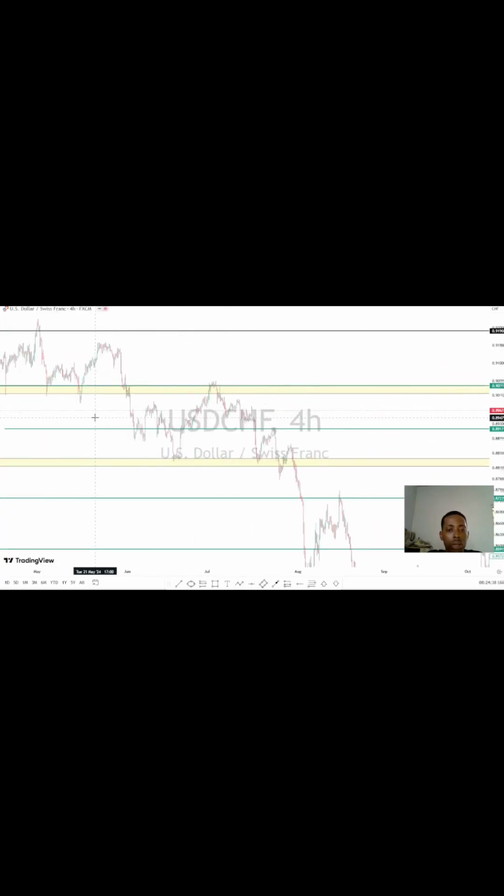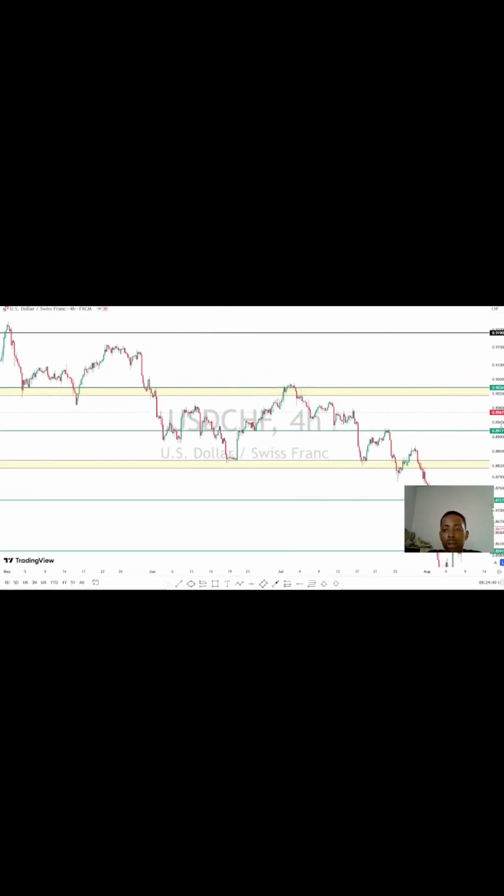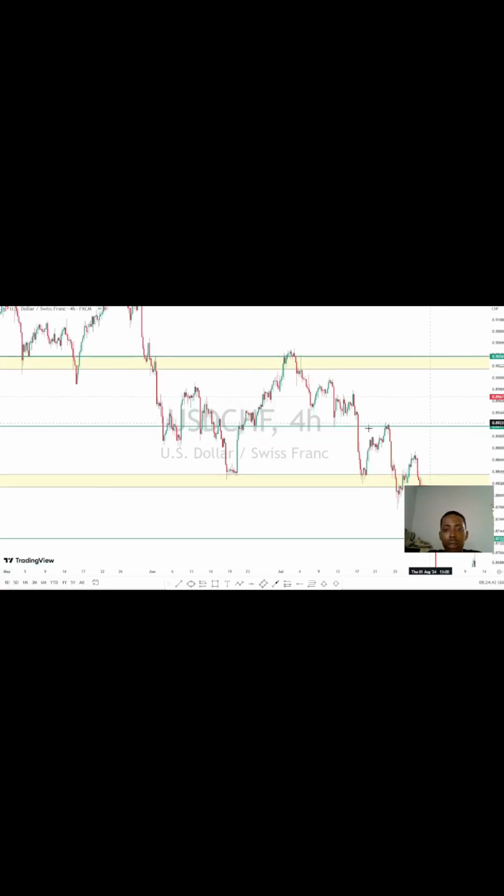I think there is some level that I'm not seeing clearly here. I think this structure.